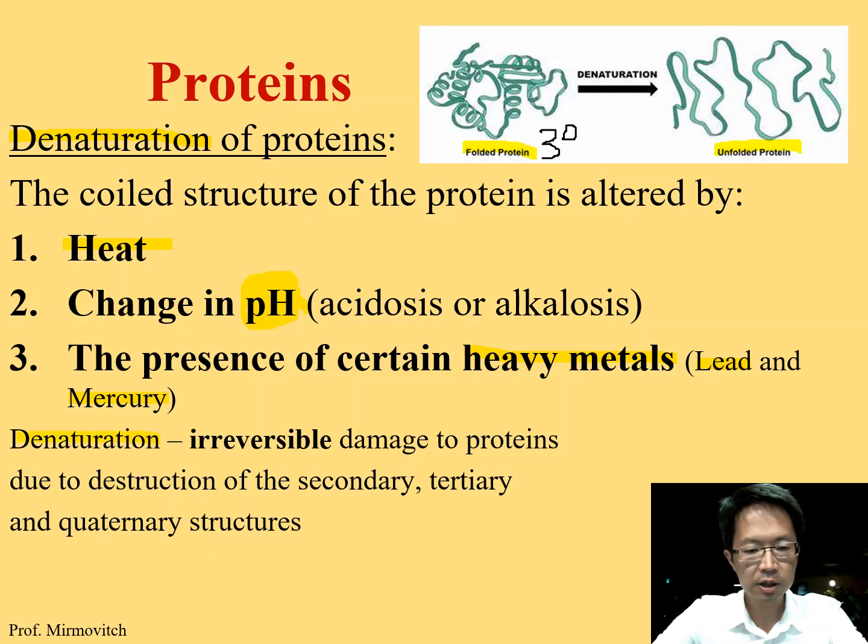Denaturation is usually irreversible. Meaning once you damage the protein, it cannot go back. It cannot automatically fall back into the original shape.